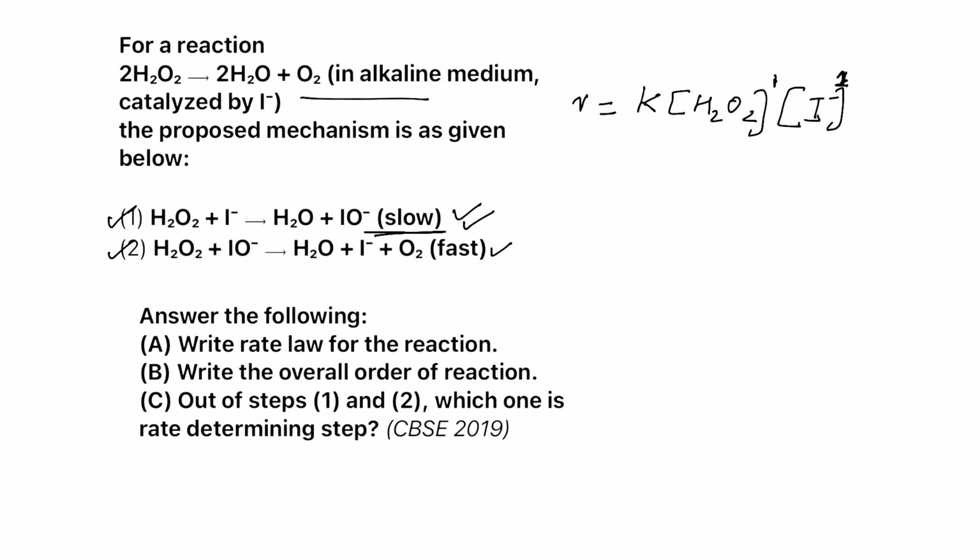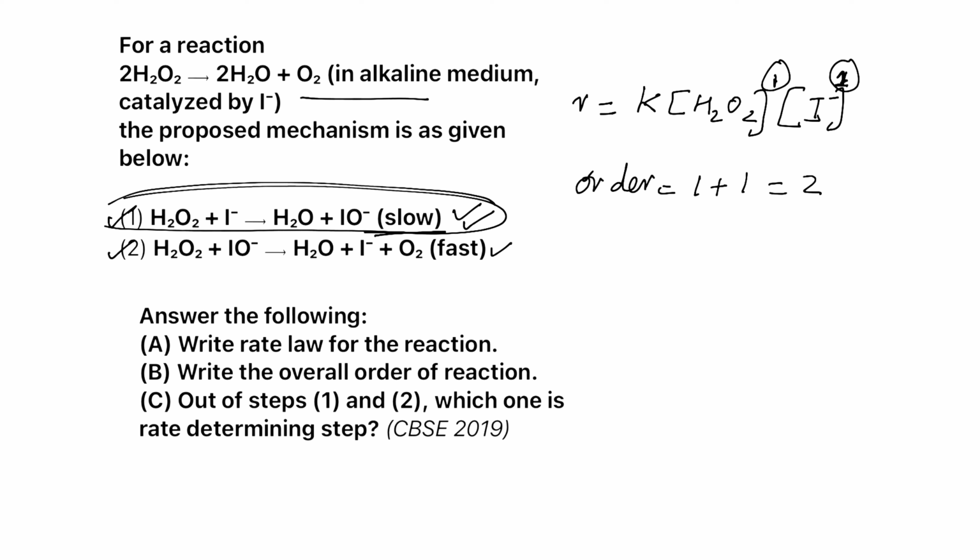Now, what is the overall order? Just add the powers, 1 plus 1. So, that is 2. Out of step 1 and 2, which one is the rate determining step? Of course, the slowest step is the rate determining step. Remember, if we have a complex reaction, we will split it into elementary steps.